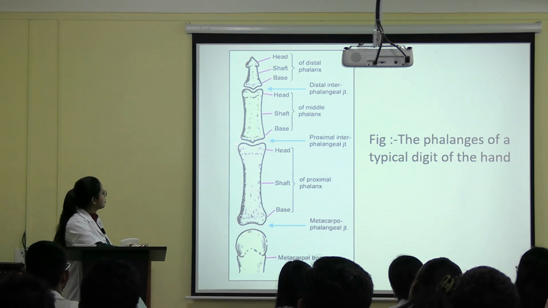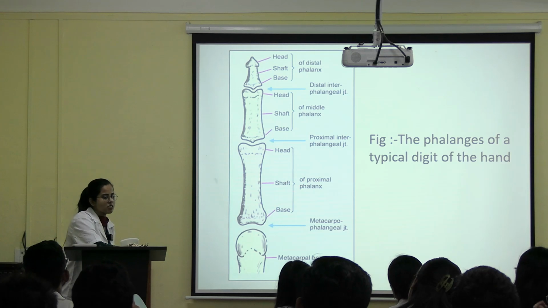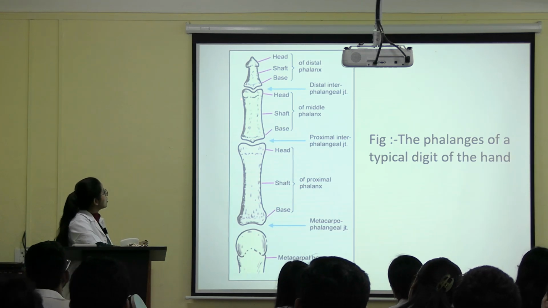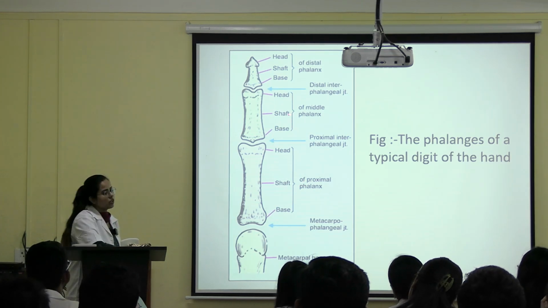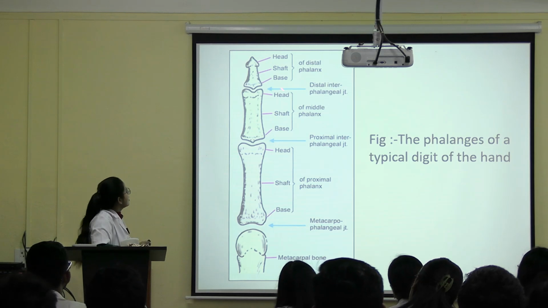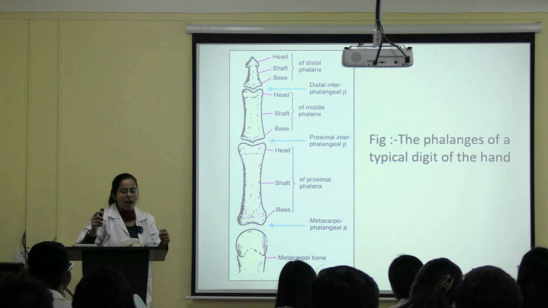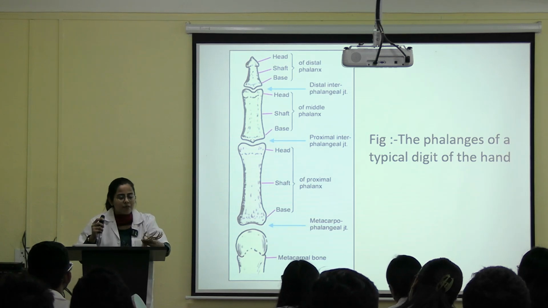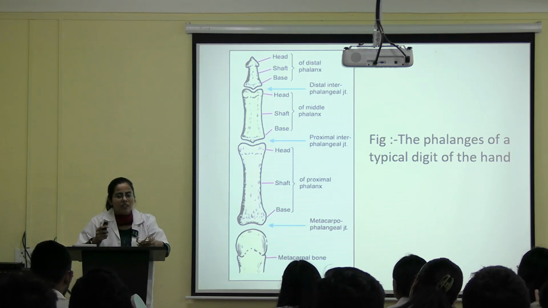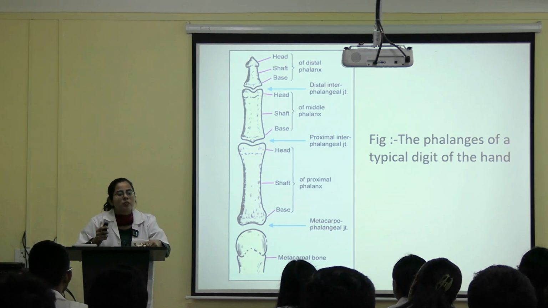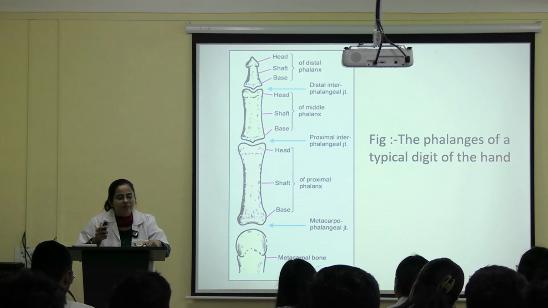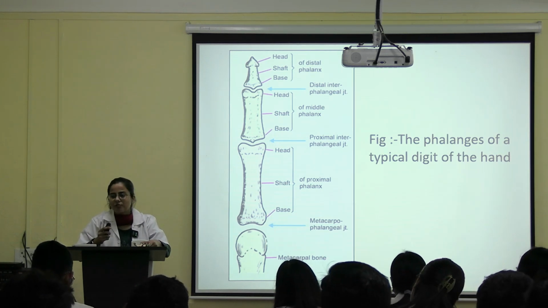It is articulating with the convexities of the head of proximal phalanx. Clear? The head of the middle phalanx is also pulley shaped. And the head of distal phalanx is irregular in shape. So, what are the types of phalanx I have told? Proximal, distal. And in case of thumb?